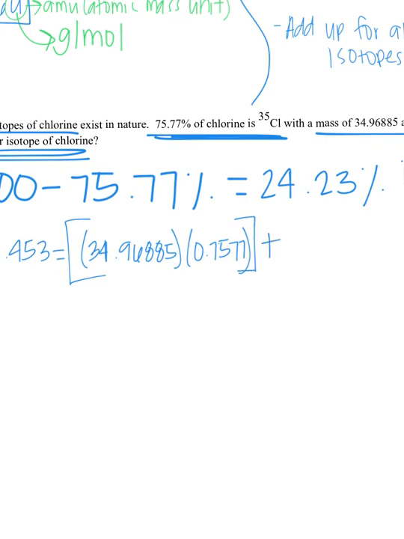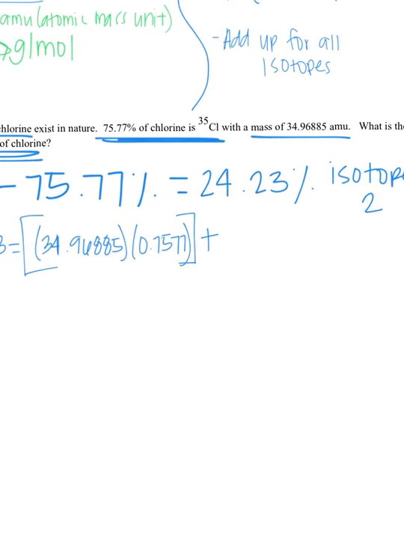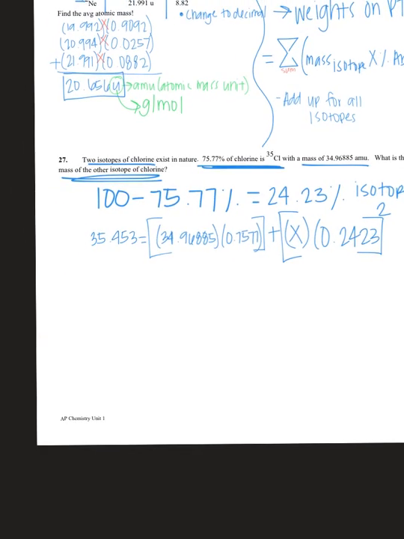So I don't know the mass of the other isotope, but I do know the percent abundance. So what do we do for things we don't know? We just plug in an x. Okay, and 0.2423. Okay, and so I do all my math greatness.